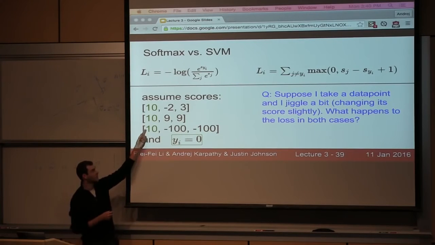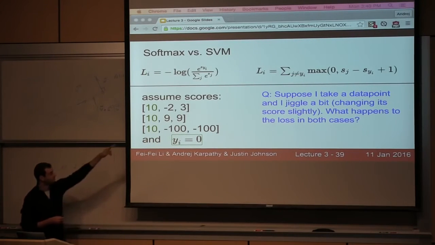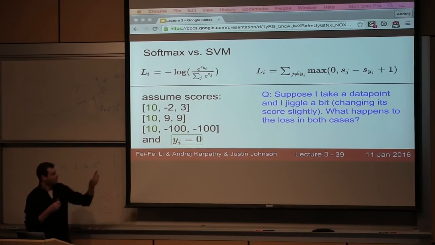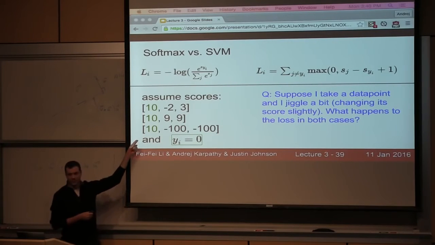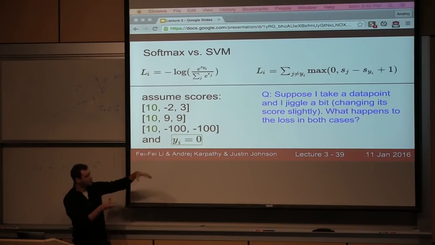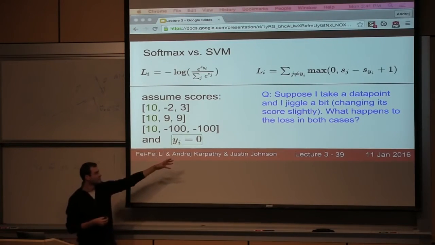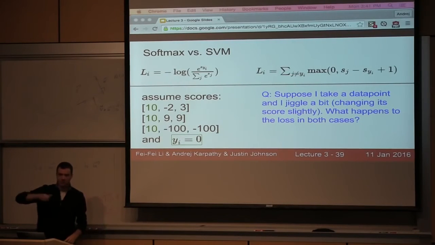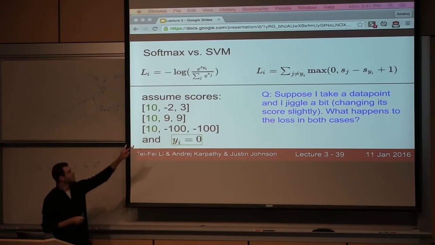So 10 is the correct class score, and the other scores are these, either the first one, second, or third one. Now just think about what these losses tell you about how desirable these outcomes are in terms of that W. One way to think about it: suppose I take the third data point, 10, negative 100, negative 100, and suppose I jiggle it, like I move it around a bit in my input space. What is happening to the losses as I do that?